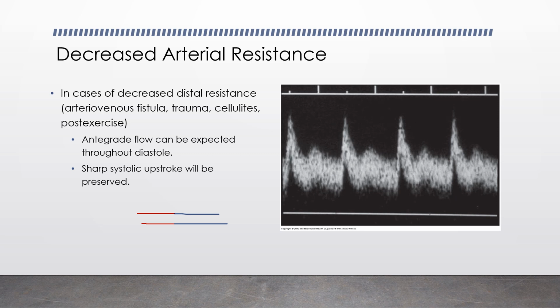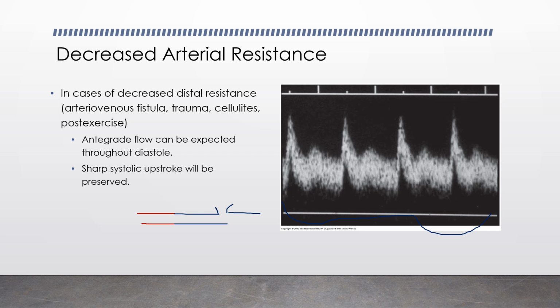If you're very close to the AV malformation, you might even see some reversal here. If you have trauma, that could indicate that the patient may be bleeding out. So if there's trauma to the vessel, they're bleeding out, it's ruptured before the arterial, obviously that is going to decrease the resistance to the incoming blood flow and give you a pattern such as this.